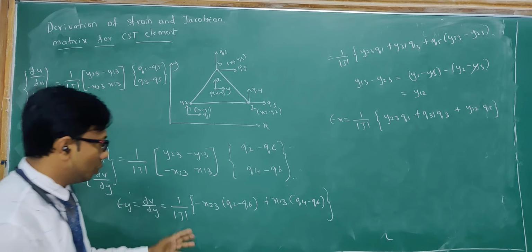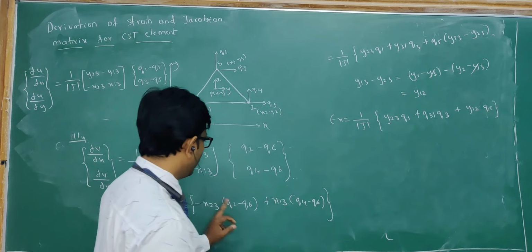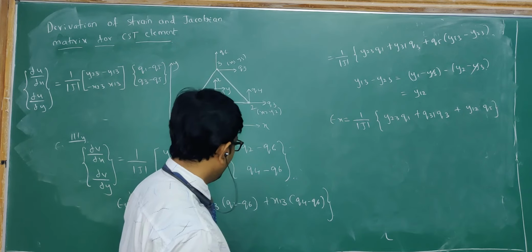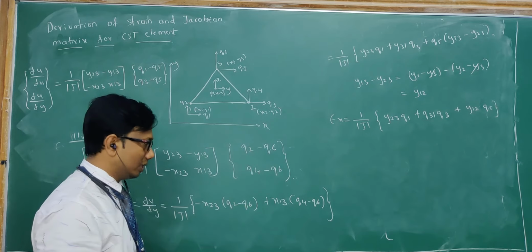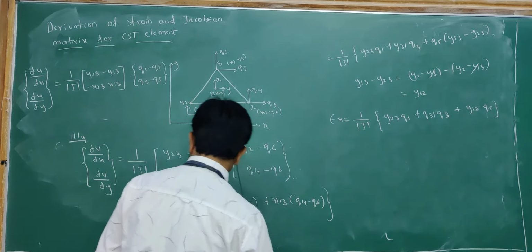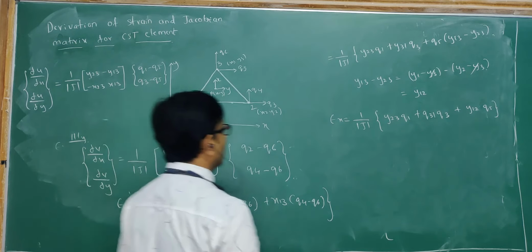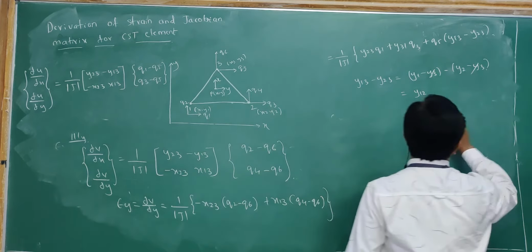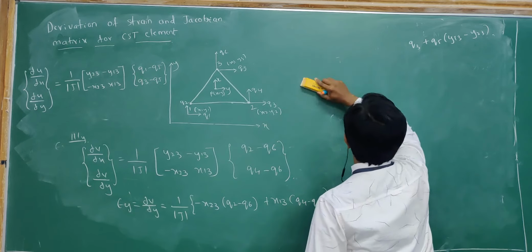So the solution is similar: minus x23 into q2 plus x23 into q6. So similarly we need to solve it, and when you solve this, we will be getting this particular equation. However I have solved, you just solve it the same way.